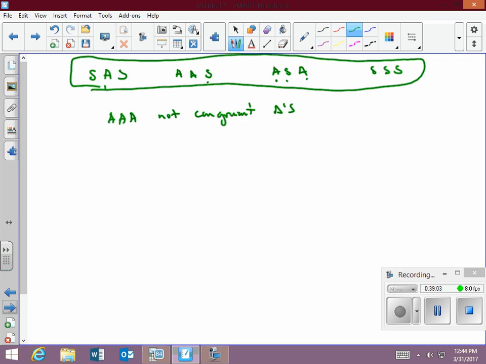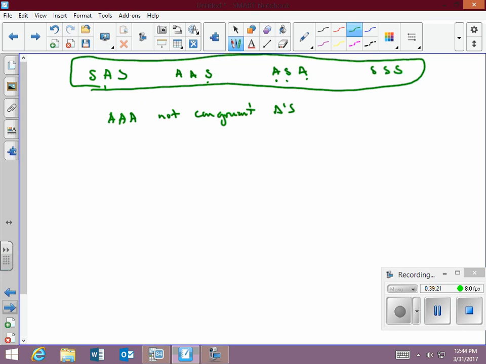And then theorem 4.2 says if two legs of one right triangle are congruent respectively to two legs of another right triangle, then the triangles are congruent.